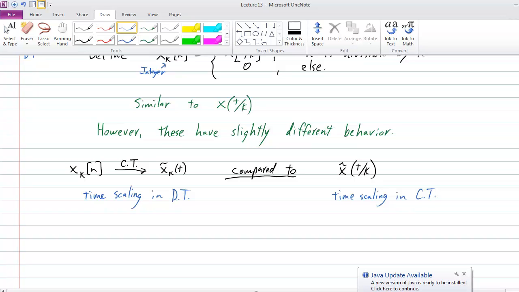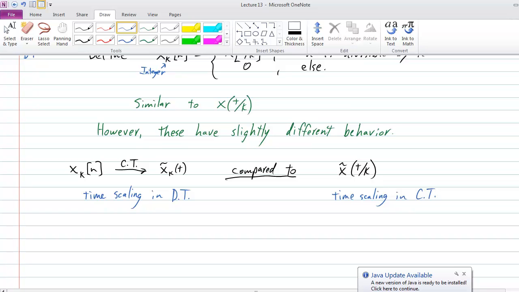So the conclusion here is x tilde of t over k equals k x tilde k. So they're almost the same, but they're scaled.